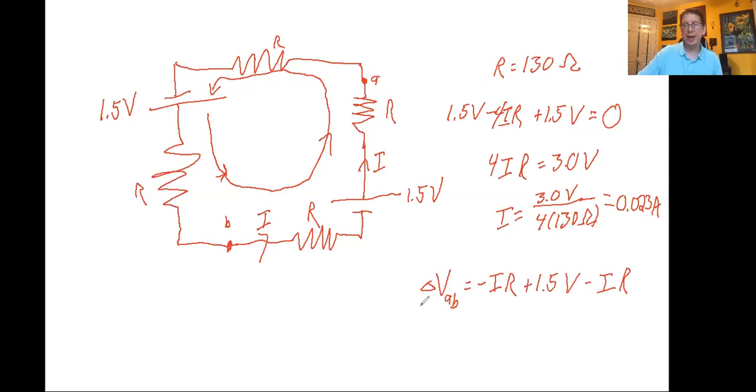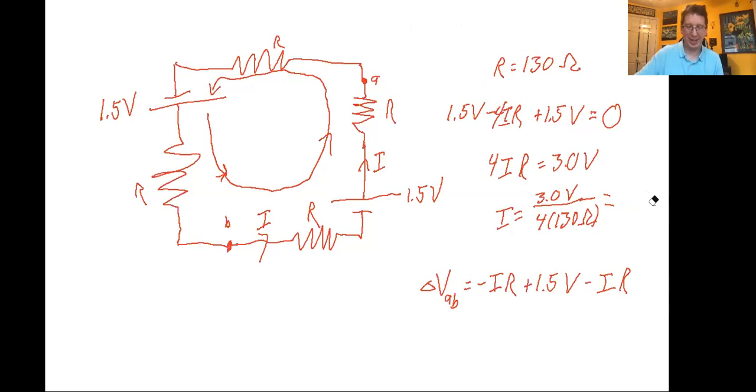So that's, you have 1.5 volts minus 0.023 times 130 minus... why is this not looking right? That's 3 divided by 4 divided by 130. Okay, yeah, I made a mistake. Forgot to divide by 4 up here, so that was a boo-boo on my part.